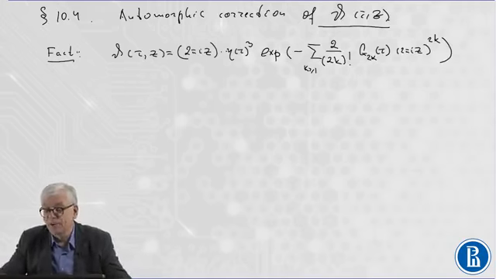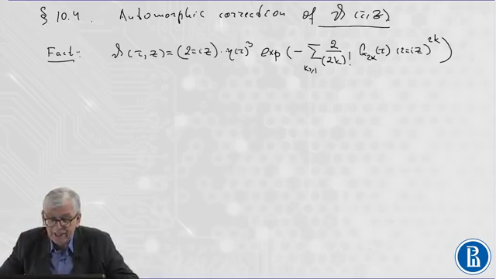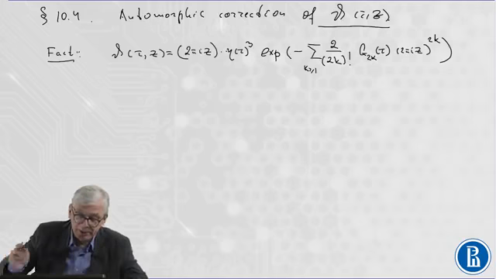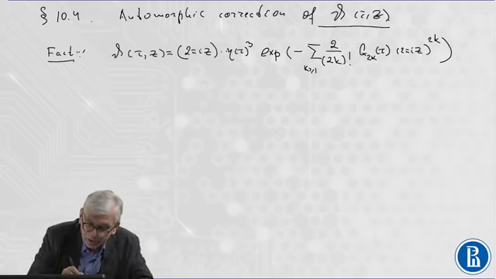So this is a more or less explicit exponential formula for the Taylor expansion of the Jacobi theta series.